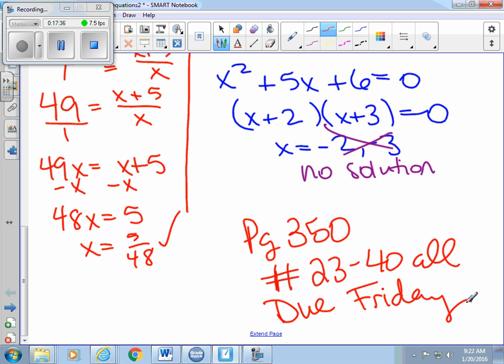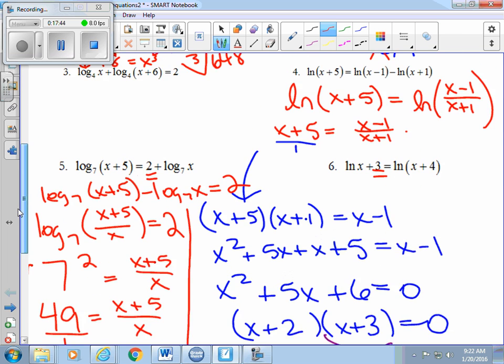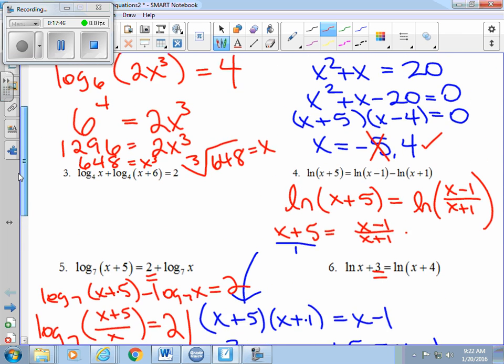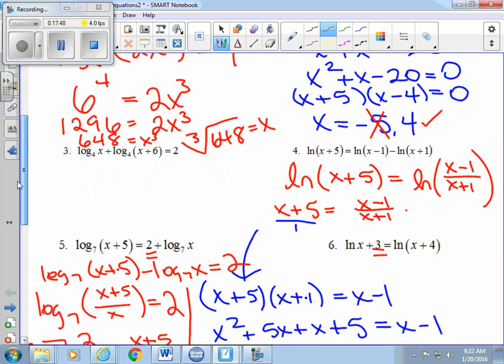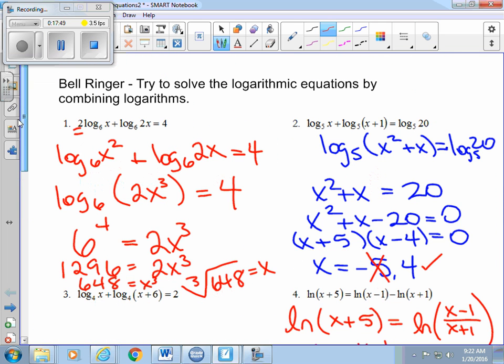So that gives you the rest of today in class, and a good portion of tomorrow in class to work on the cooperative activity. Someone be in charge of remembering that we didn't do 3 and 6 on this notes page, and tomorrow with everyone here, I'll go back and do numbers 3 and 6 so you can see one more example from me.